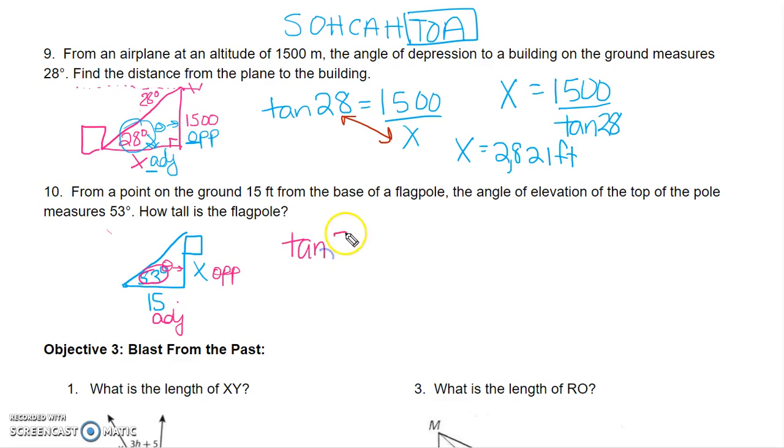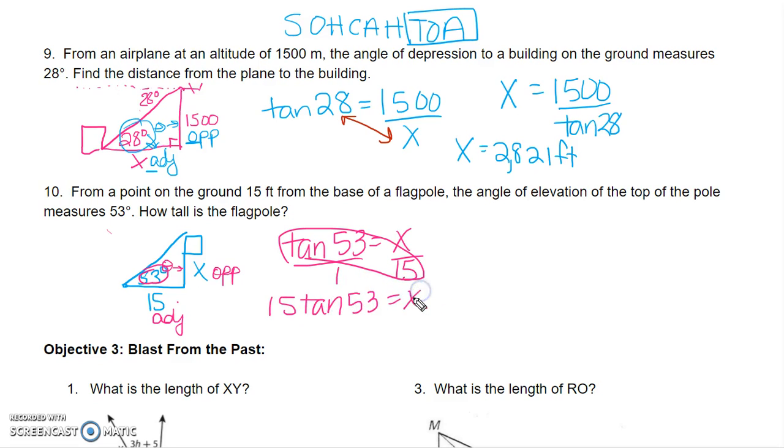And again, I'm going to be using the tangent function since that works with opposite over adjacent. So I have tangent of 53 equals opposite x over adjacent 15. This time I'm going to have to put the tangent over 1, and I'm going to cross multiply. So I get 15 tangent of 53 is equal to x.